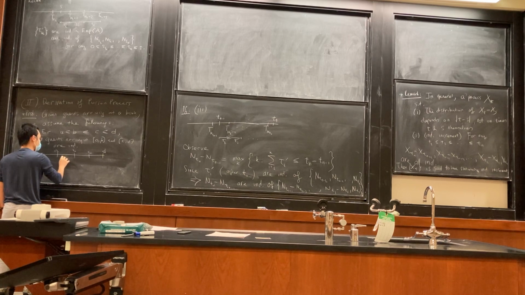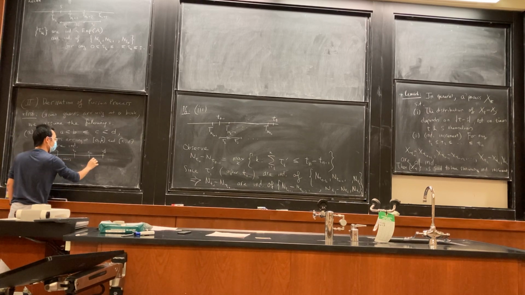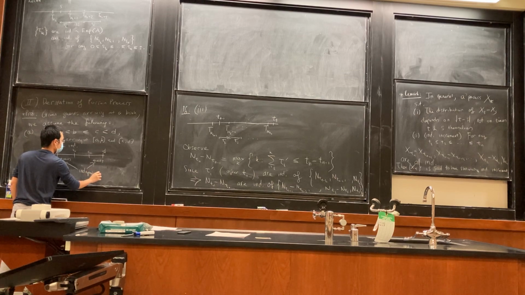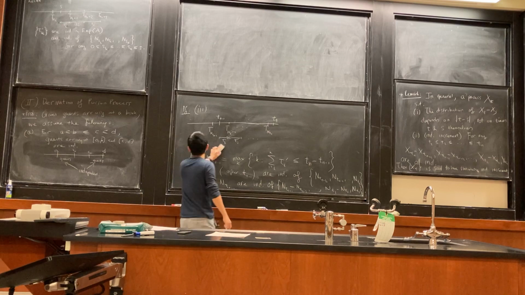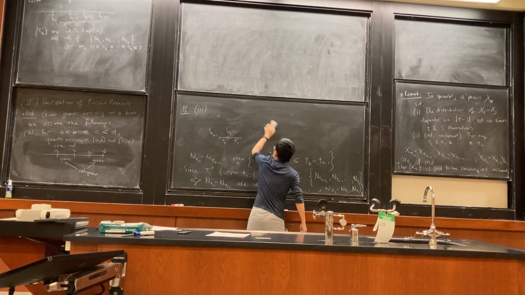So guests over here, the guests over there, they are independent. So if I have non-overlapping intervals, then the number of guests arriving in each interval are supposed to be independent. And that is one assumption. The second assumption is the following.